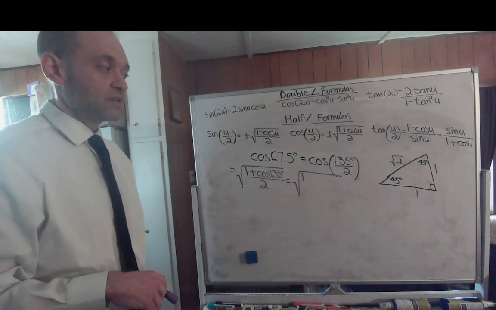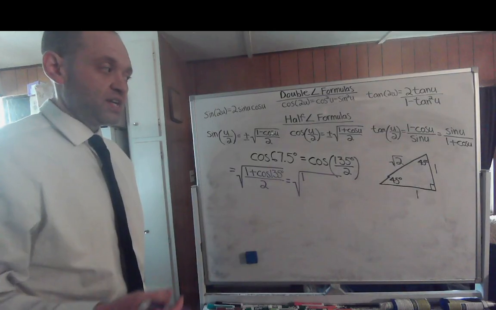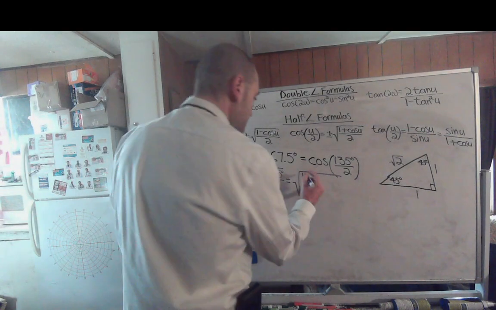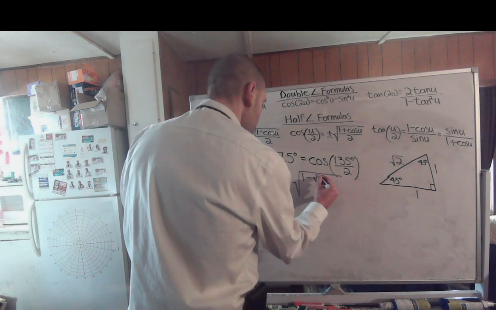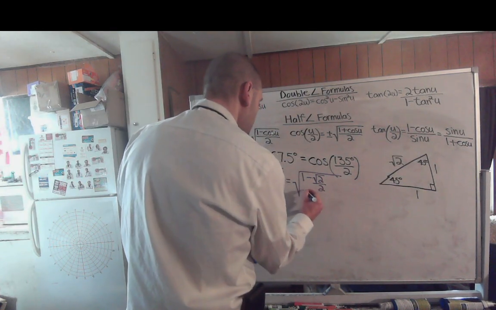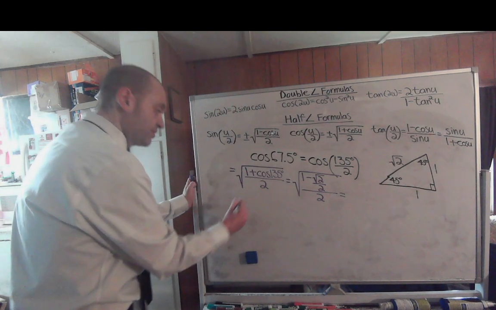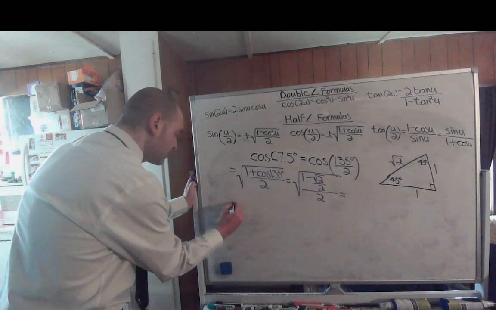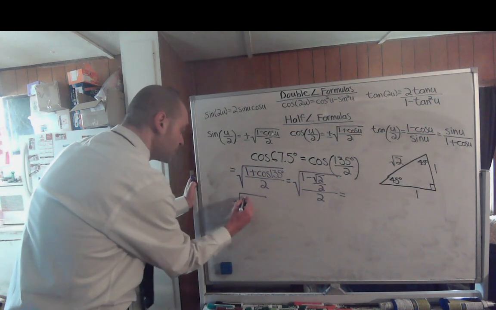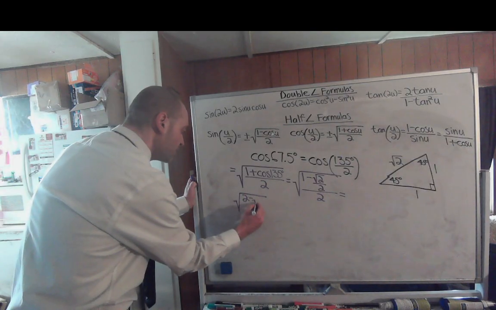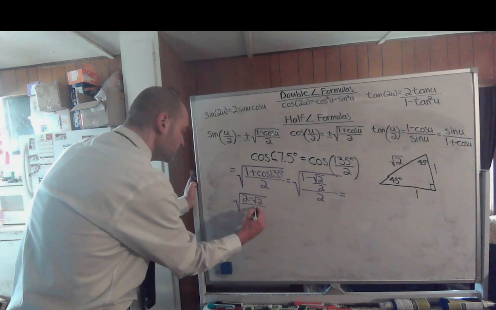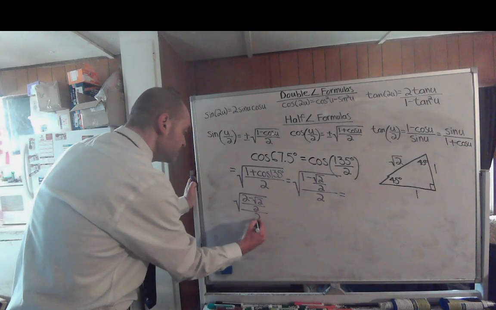It's basically the negative cosine of 45 degrees. So this would be minus the square root of 2 over 2, all over 2. So now let's simplify the numerator under the radical. This will be 2 minus the square root of 2 all over 2 all over 2.